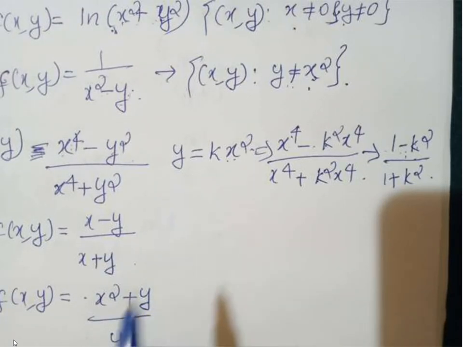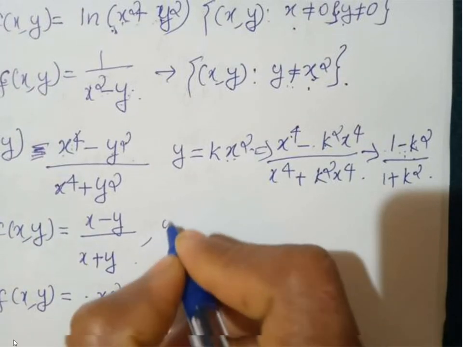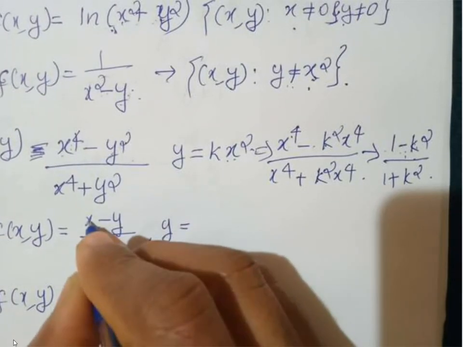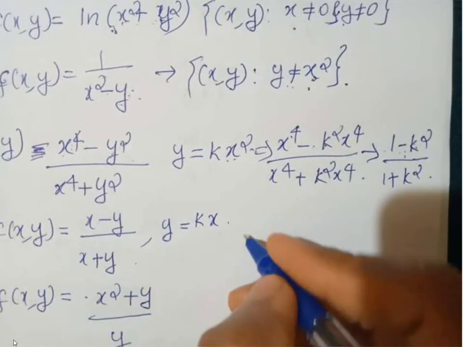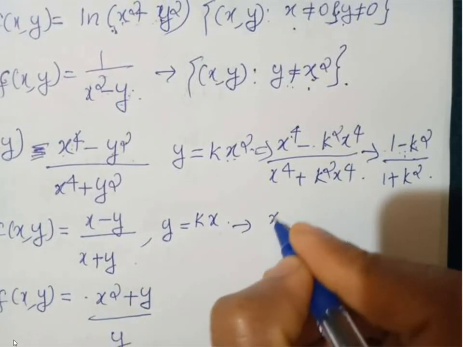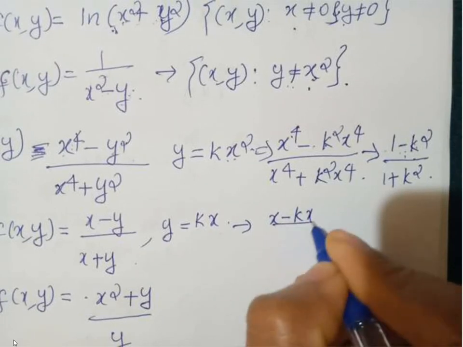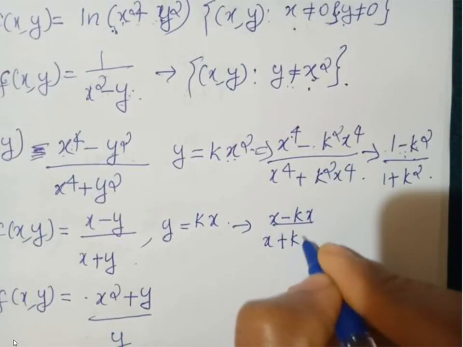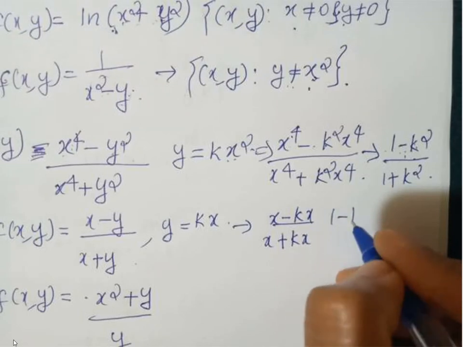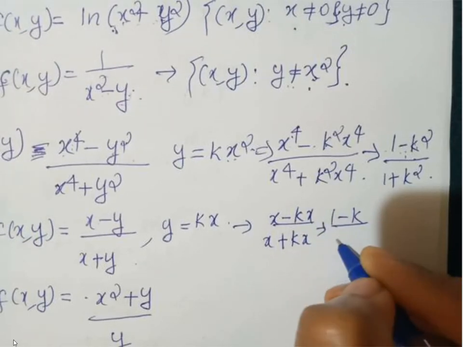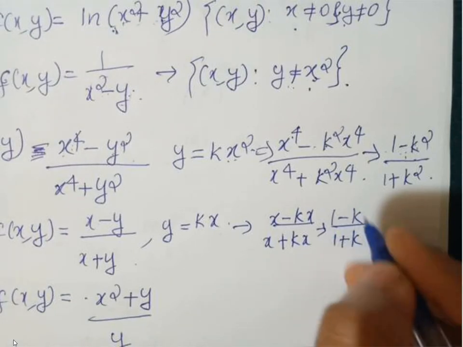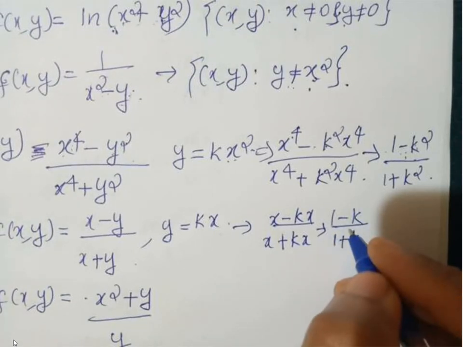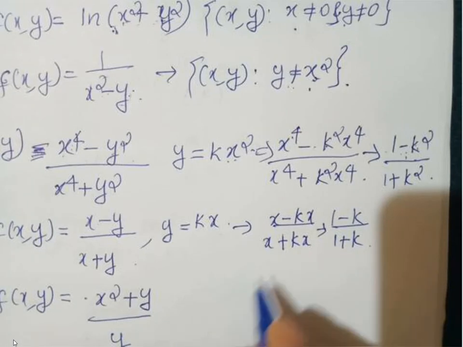Now I am choosing y = kx, so the expression becomes (x - kx)/(x + kx). The x cancels and we get (1 - k)/(1 + k). For different values of k, the limiting values will be different, so the limit does not exist.